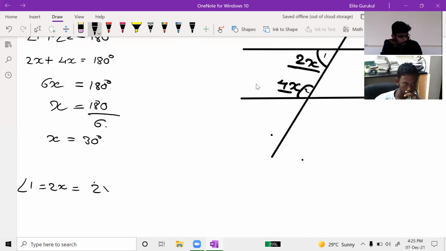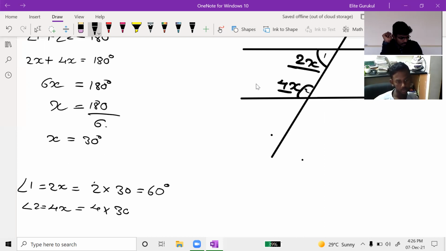Angle 1 will be 2 into 30, because we know the value of x is 30. So angle 1 is 60 degree. And angle 2 is 4x, which is 4 into 30, so it is 120 degree. Any doubt?